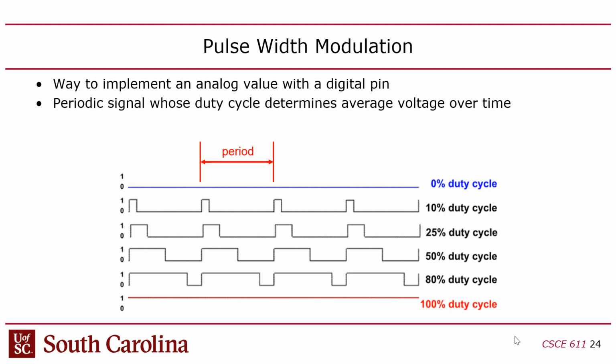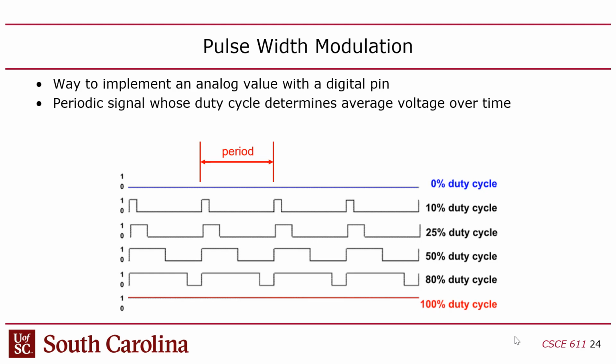Any kind of DC to DC converter, AC to DC converter, AC to AC converter, a lot of converter circuits use pulse width modulation, as well as motors, actuators. Anytime you have a computer that controls something mechanical, it's almost always based on pulse width modulation.